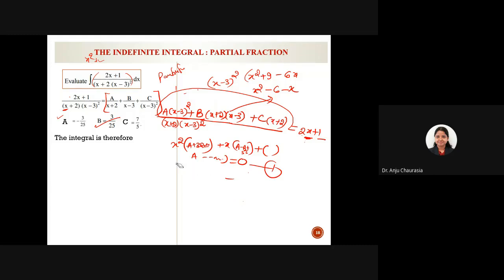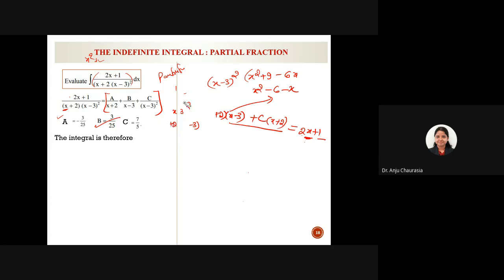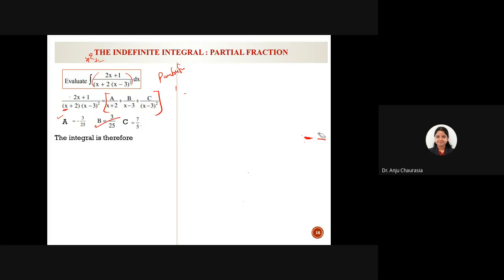I hope you start at least for simple questions to do partial fractions. But understanding the concept is also very important. When you become expert in this, then you can solve everything. So that is very important.